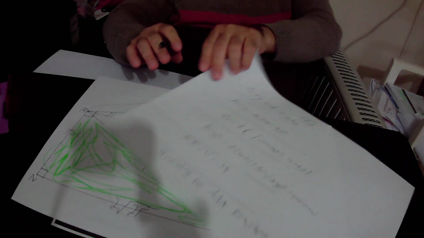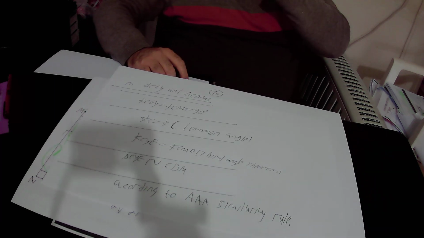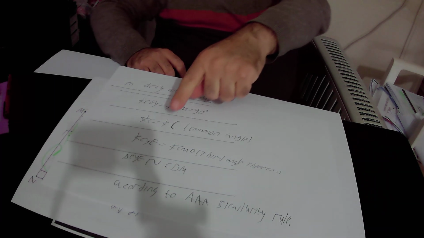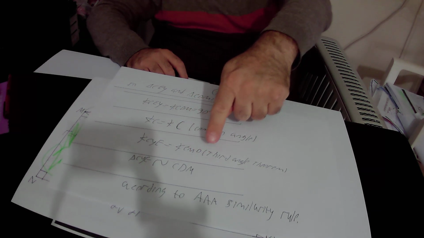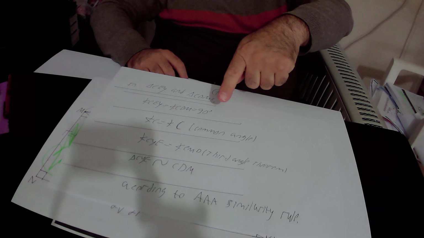We proved that triangle CYE is similar to triangle CDM according to angle similarity rule.